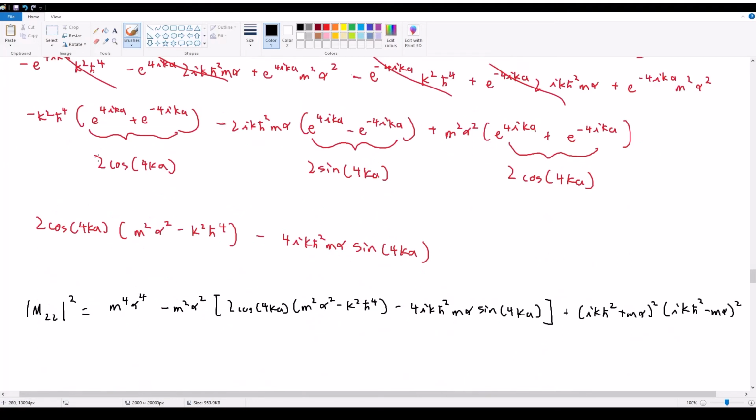Or, sorry, wrong way around. This is supposed to be a plus, and the minus is in front of the i. There we go. And then everything is once again divided by k fourth h bar eighth.